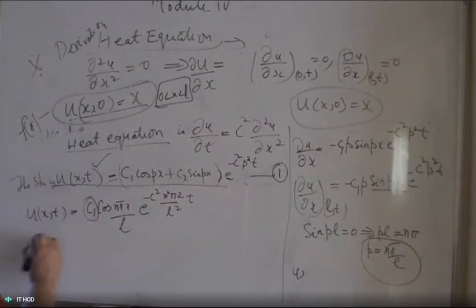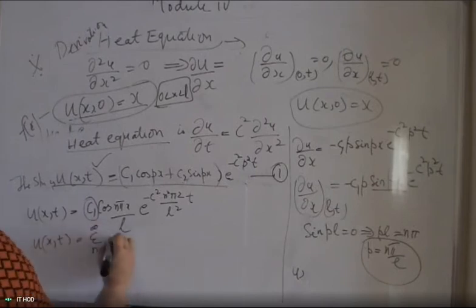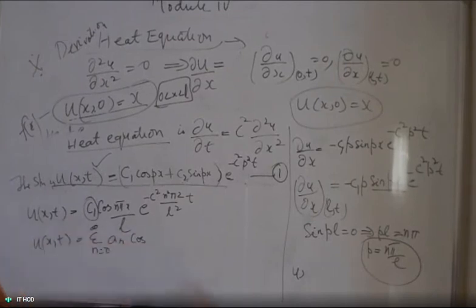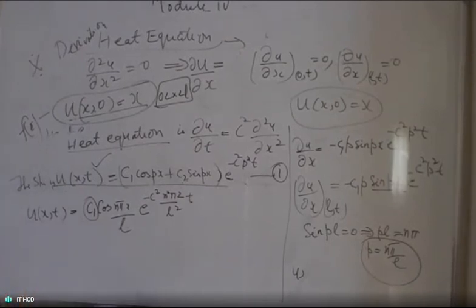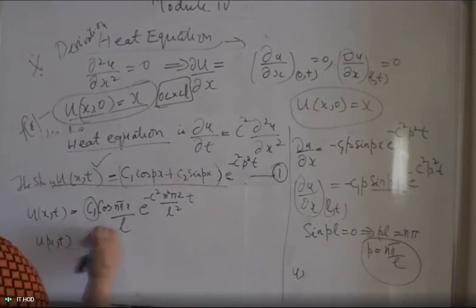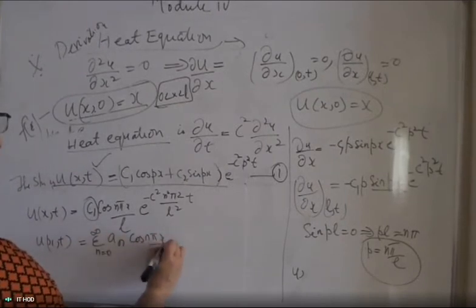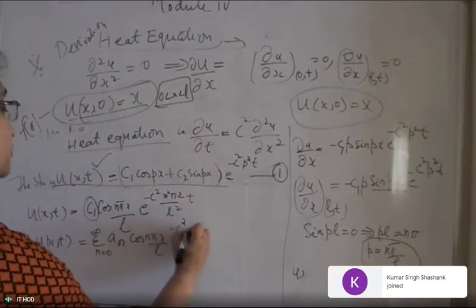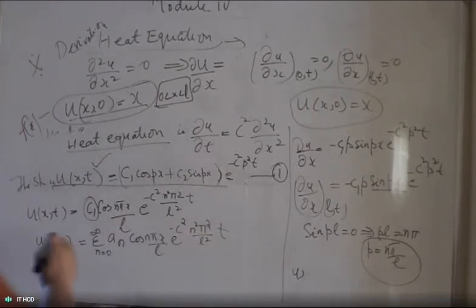So the general solution: u(x,t) is equal to sigma n equal to 0 to infinity a_n cos n pi x by L e raised to minus c square n square pi square by L square t. Most general solution, this one. Before that, you can write this first. Okay, so this is our general solution.